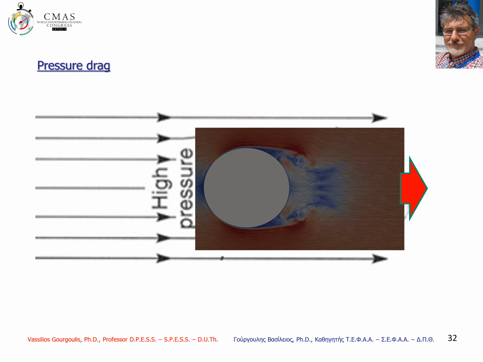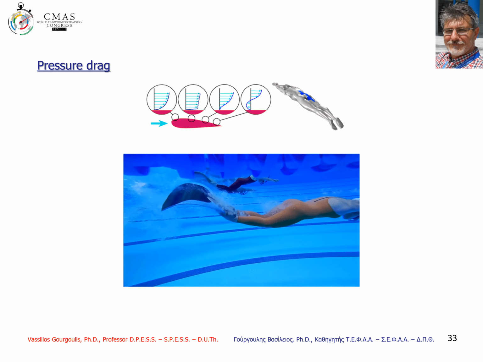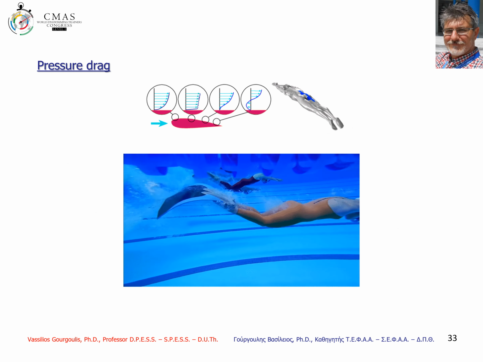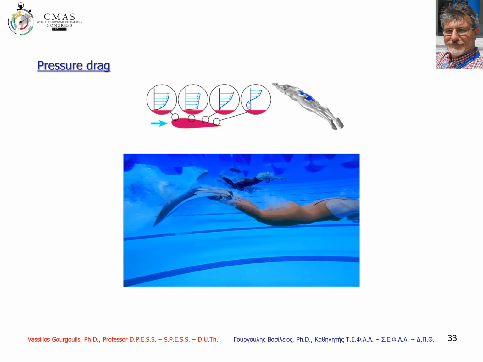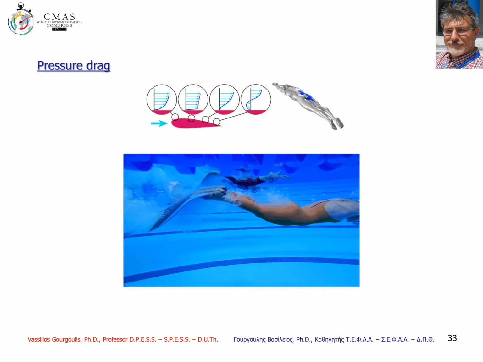At this point, the flow reverses and the separated water layers roll up into eddies, into vortices, which are rotating water masses with high velocity. This flow reverse and roll up into eddies, into vortices, is also observed behind a fin swimmer's body.